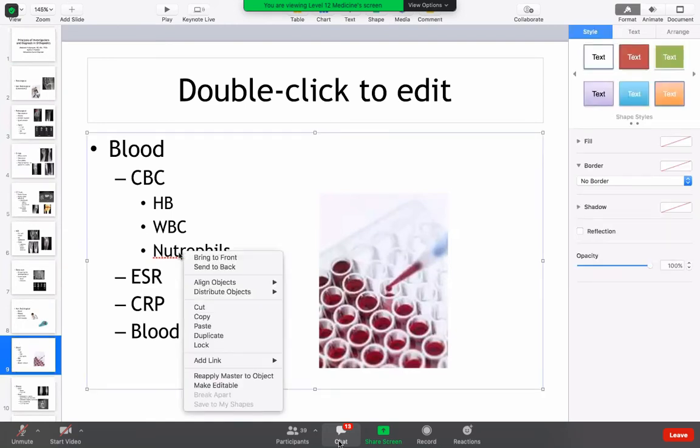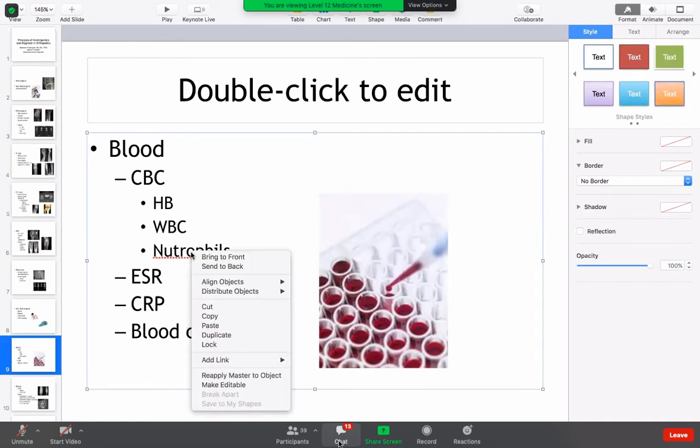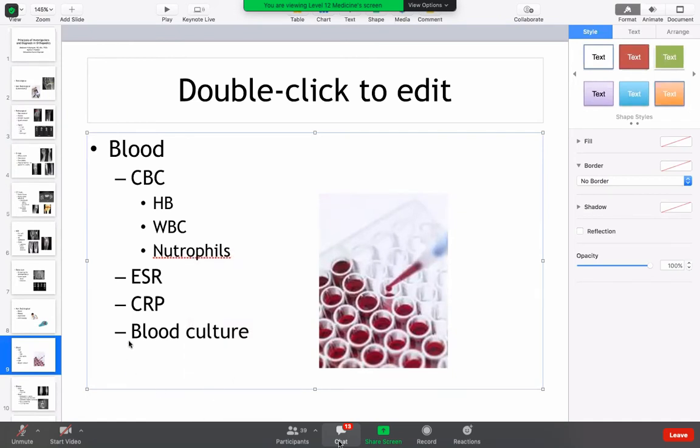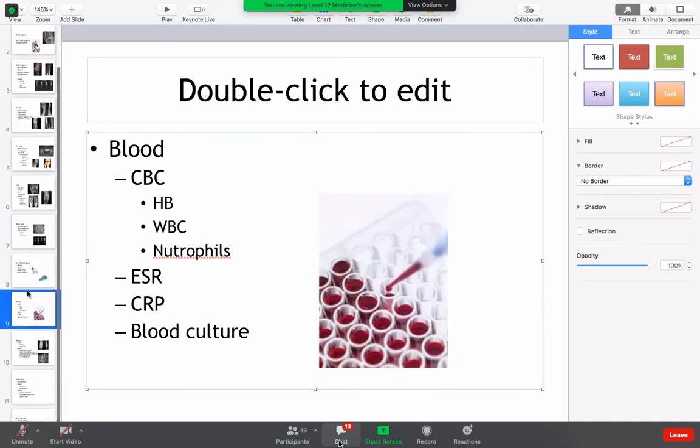ESR and CRP are very important to assess patients with infection. And in some cases, you're required to do blood cultures to assess infection better and also obtain an organism to deal with.